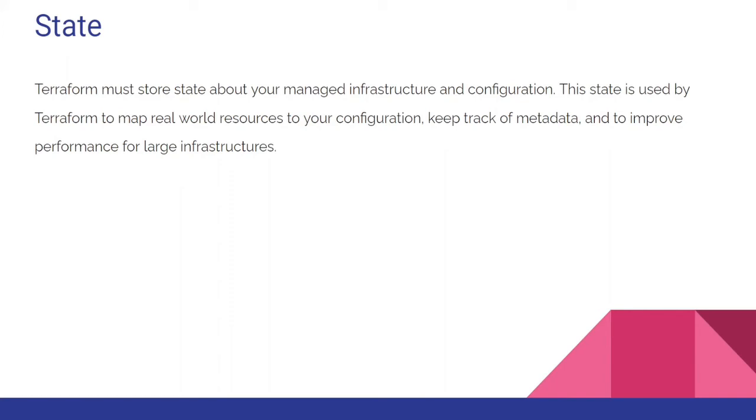So basically there are certain types of action that are taken. For example, if it is an empty state and it is running for the first time, then straightforwardly the create action will be taken against your configuration.